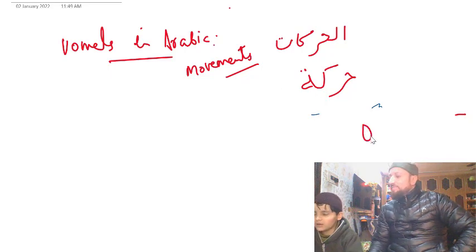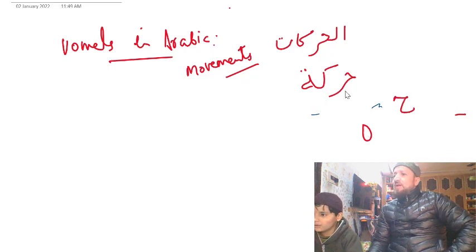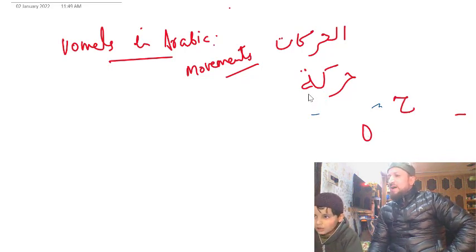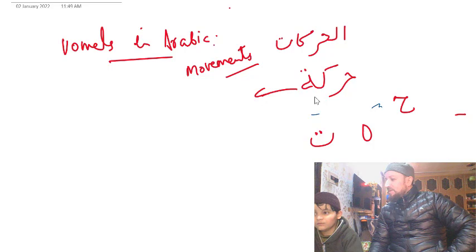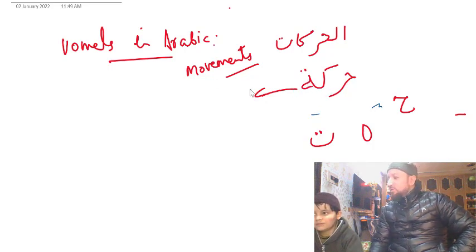If you stop, then it's a ha. If you do not stop, then it becomes ta. That means if it continues further, for example, if I say harakatul, it becomes ta, because there is something after it.